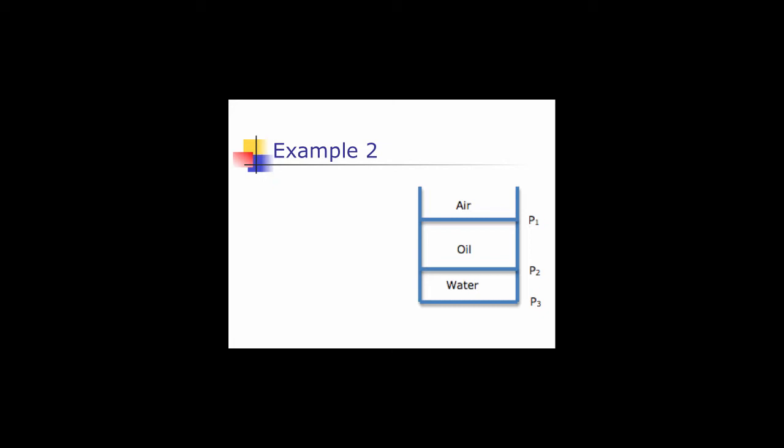Okay, so let's see what it told us. It basically told us that our density of oil was 700 kilograms per cubic meter. That's the density of oil.